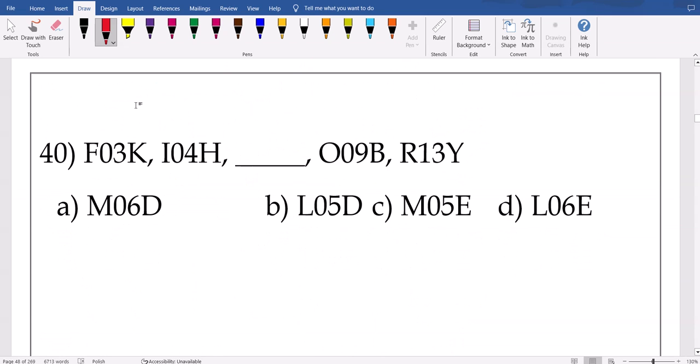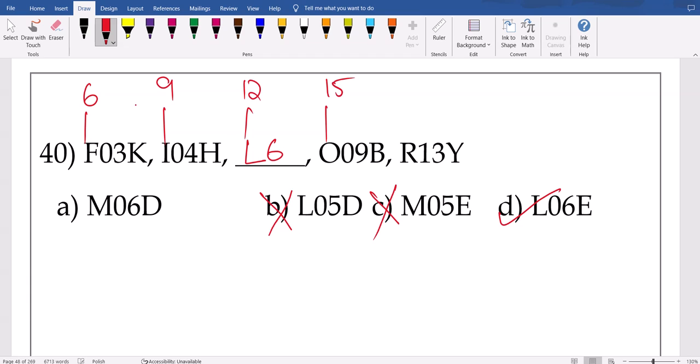So one gap, two gap means 6, then three gap means 9. So we need 6. Then F, after I, 3 gap, then it should be L. Fine. So 6, 9, 12, 15, 18.